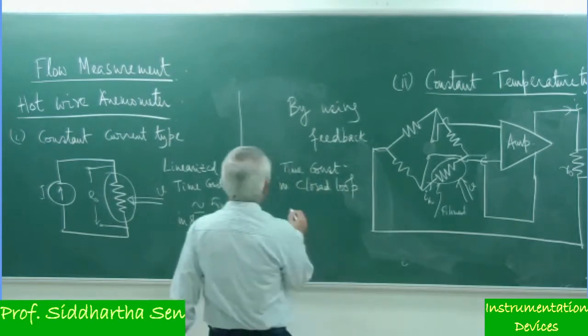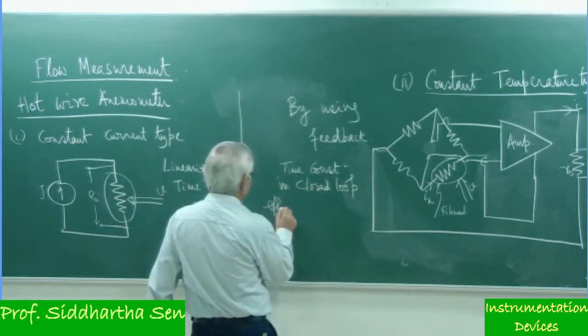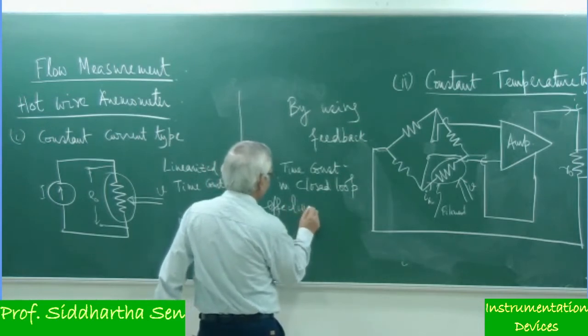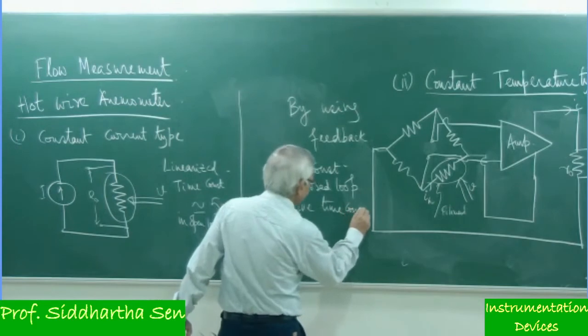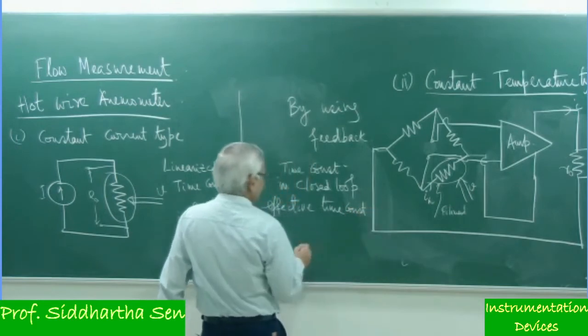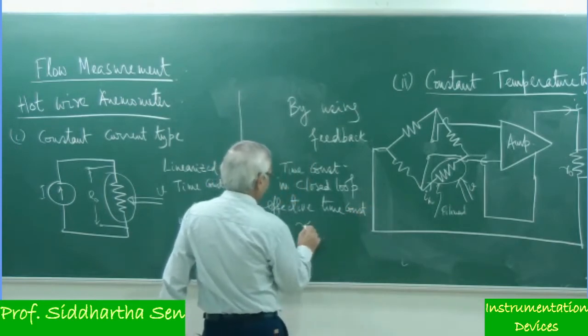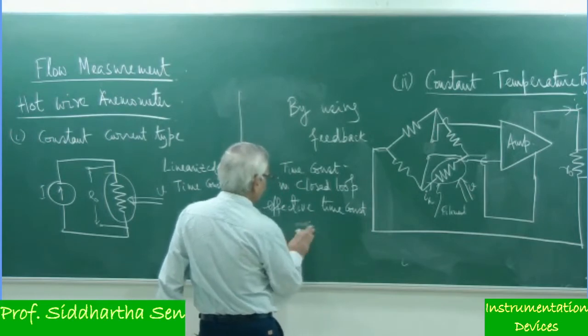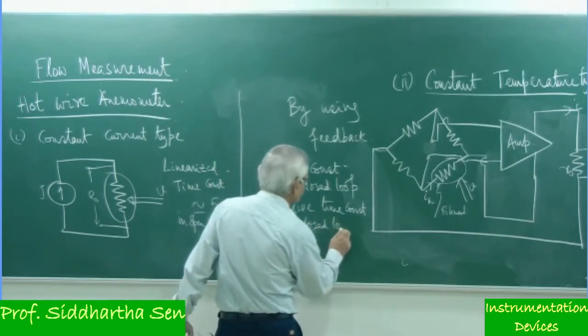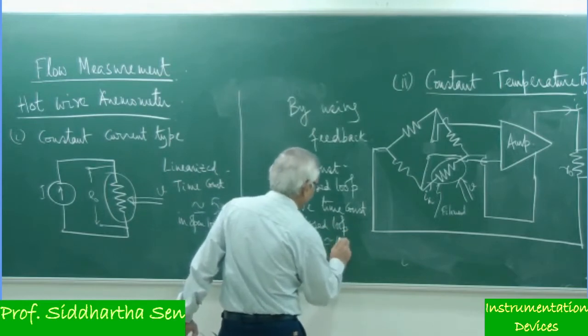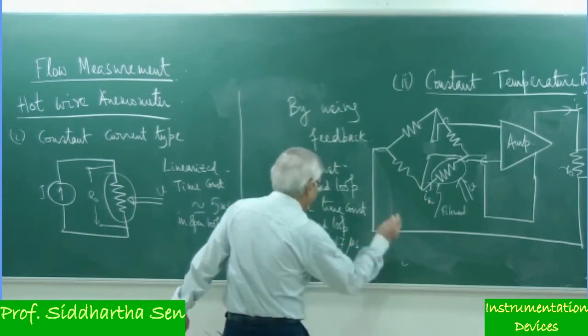In this case, the effective time constant in closed loop is approximately 17 microseconds.